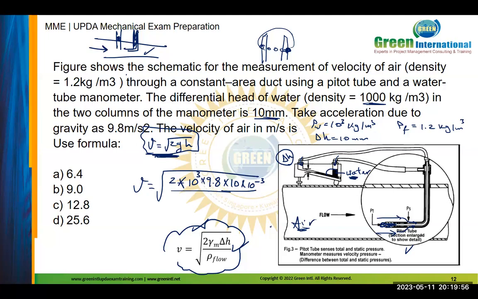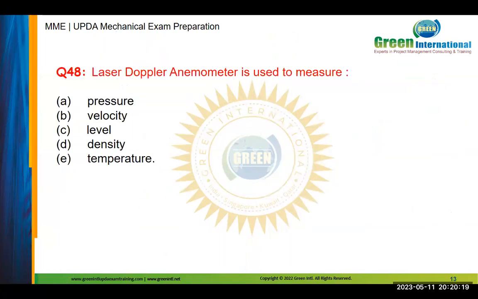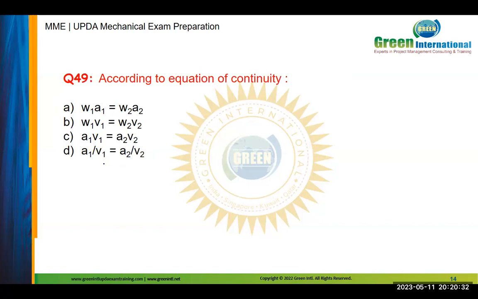Affinity law. One of the laws applies to some problems. It also comes in the exam at different times, related to any rotating equipment like pumps, fans, compressors, anything that rotates. This is the relation between flow rate and speed, or pressure and speed, or power and speed. Similar relations exist for flow, pressure and power with diameter.